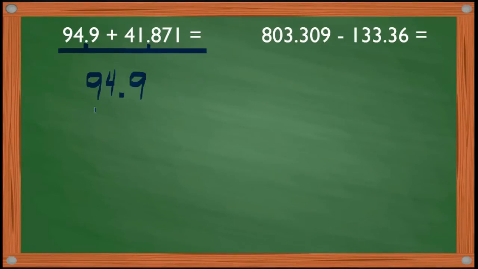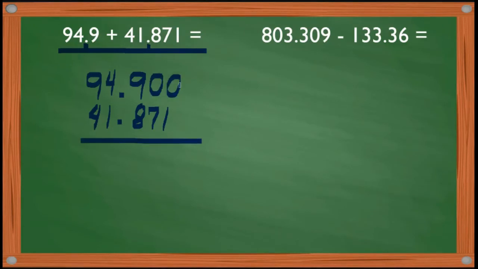And then put the decimal point of the second number, align it to the first given, and then write the number. The third step is we need to fill in zeros. So we have one decimal on our first given, and then on our second given, we have three decimal numbers. So we need to put zeros here.